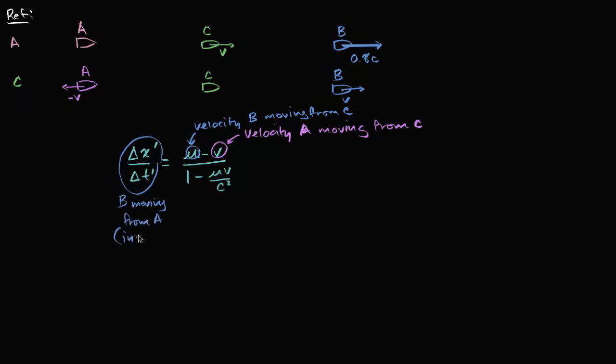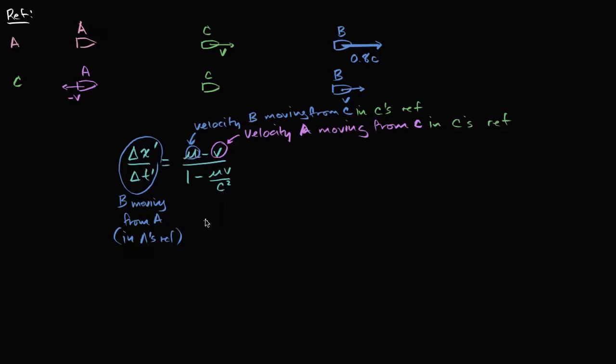So in A's reference. And both of these are in C's reference. And let me write that down. In C's reference. Really want you to think about this. This is a little confusing, but hopefully this helps you appreciate how this Einstein velocity addition can be valuable.